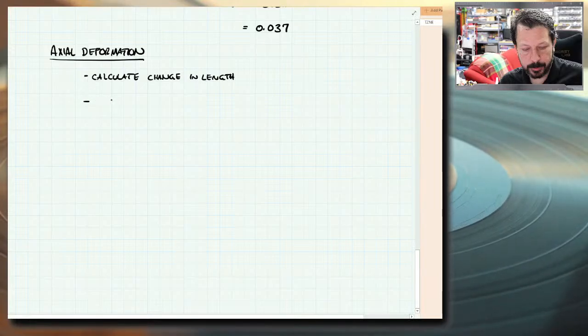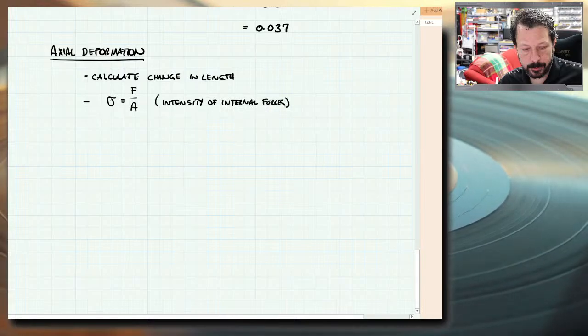So our stress equation, sigma equals force over area. This is the axial stress, which we define to be the intensity of internal forces. And then we had epsilon equals delta over original length. This is axial strain, and that's the severity of deformation.